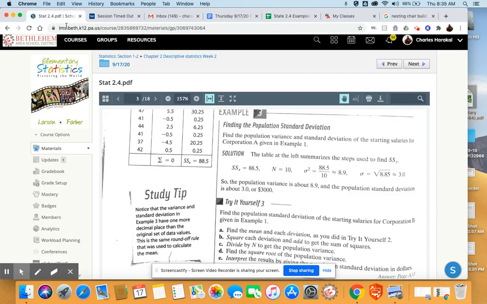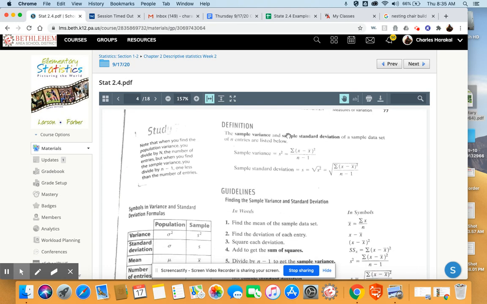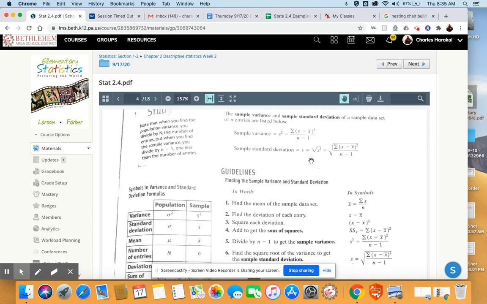So let's take a quick look here. We just found the population standard deviation. The next example would be how to find sample standard deviation. Now, some symbols change here. We use X bar instead of mu because it's a sample, but that's just a symbolic difference.